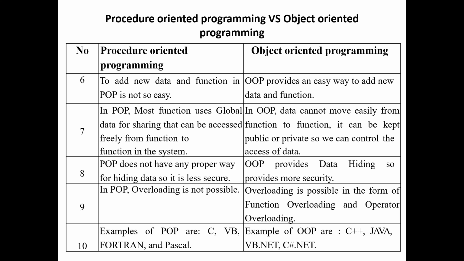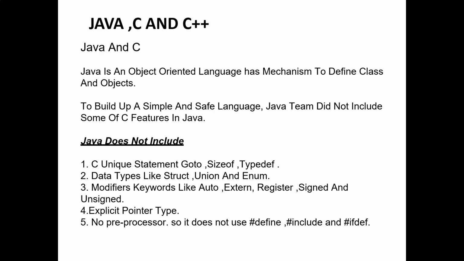Java does not support operator overloading. Examples of POP are C, VB, Fortran and Pascal, while OOP languages are C++, Java, VB.NET and C#. So OOP is more suitable when we want to solve real world problems. We divide the problem into classes and objects, and it becomes easier to solve.